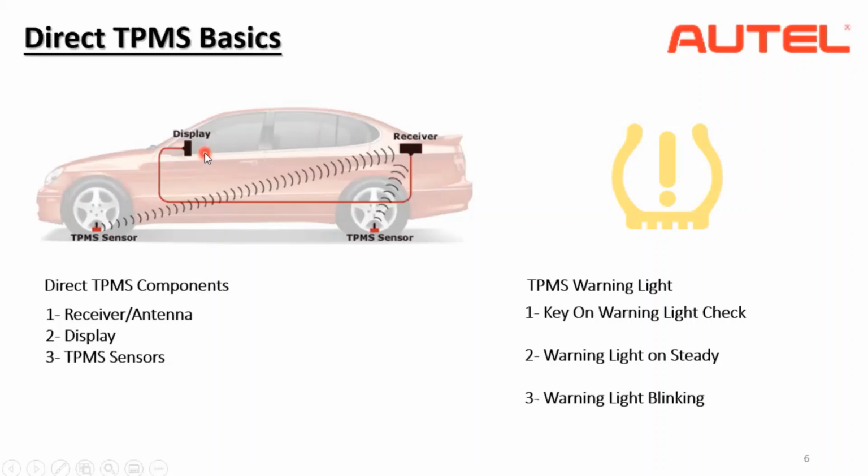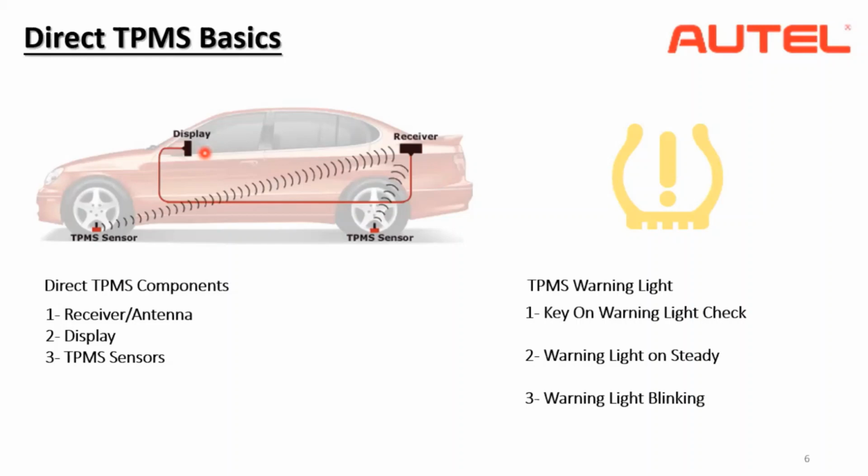dashboard. Talking further about the display, the types of tire pressure monitoring system can be classified into two: a high-line system and a low-line system. The high-line TPMS system can give more specific information about the vehicle, including the tire pressure at each wheel location.